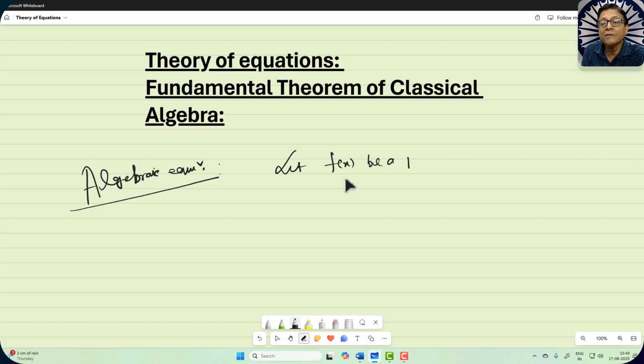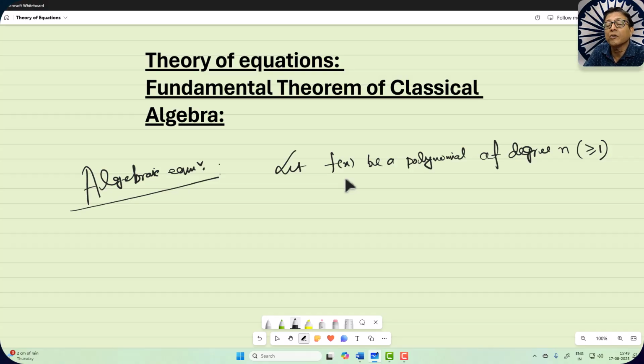Let f(x) be a polynomial of degree n. This must be greater than or equal to 1. We are not going to discuss constant polynomial now, because theory of equation means you have to determine roots. You will find that those roots are basically zeros of a polynomial.